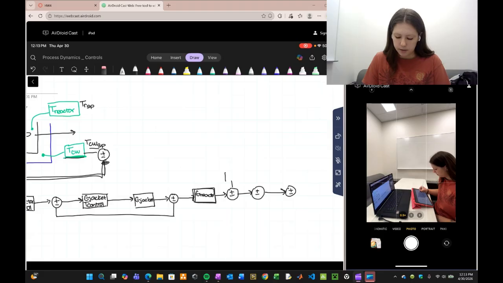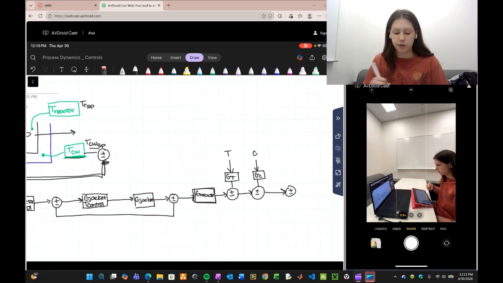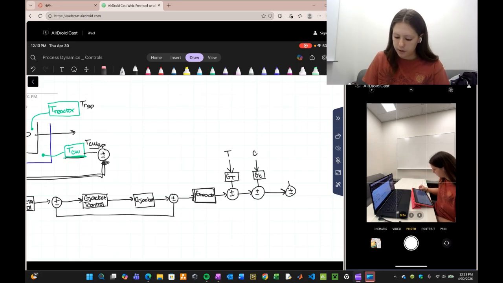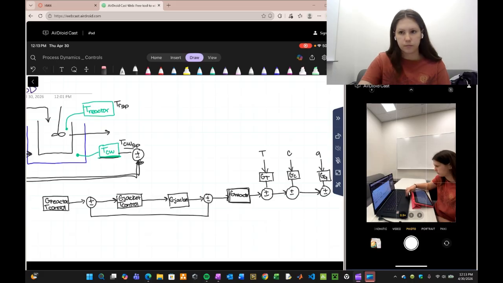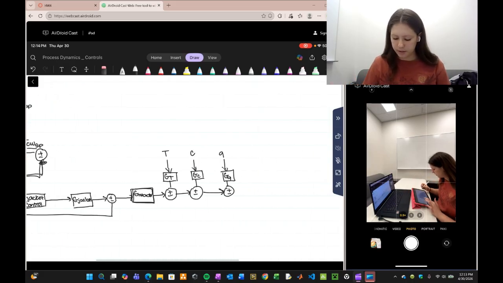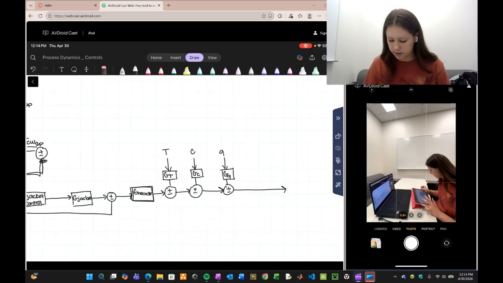So this will have a transfer function we'll just call GT for temperature, and our temperature that we set is going into there. And then we will do concentration next, so GC, and our inlet concentration is going into there. And then here we will have GQ, which is the flow rate of the inlet. And so this is outputting the temperature of our reactor.